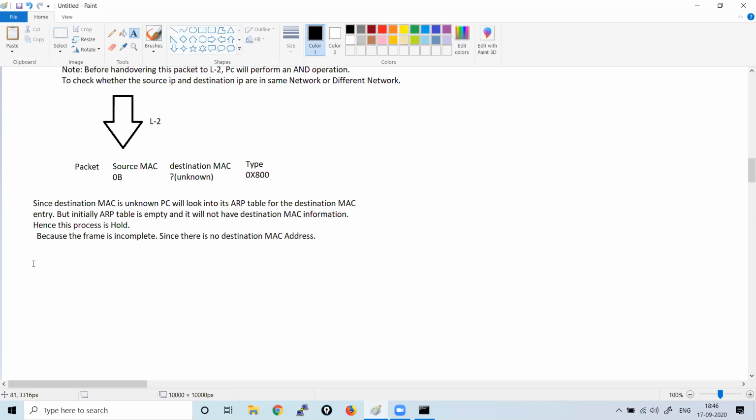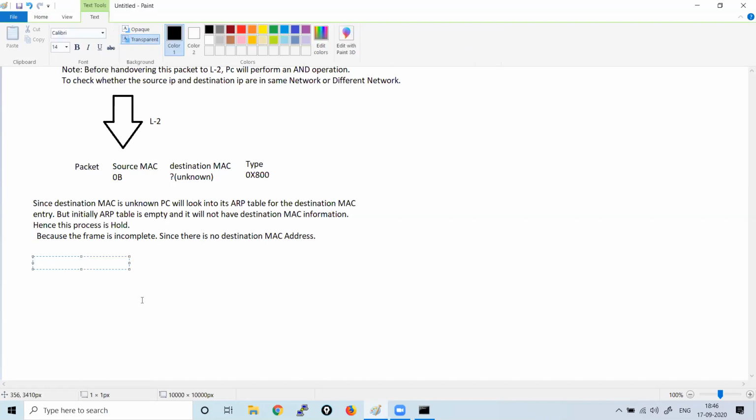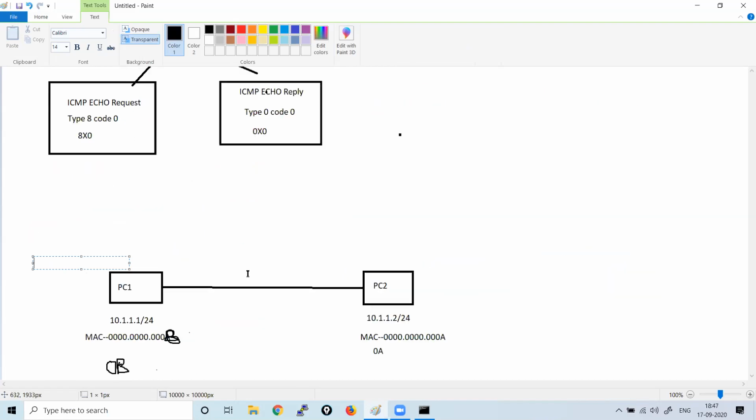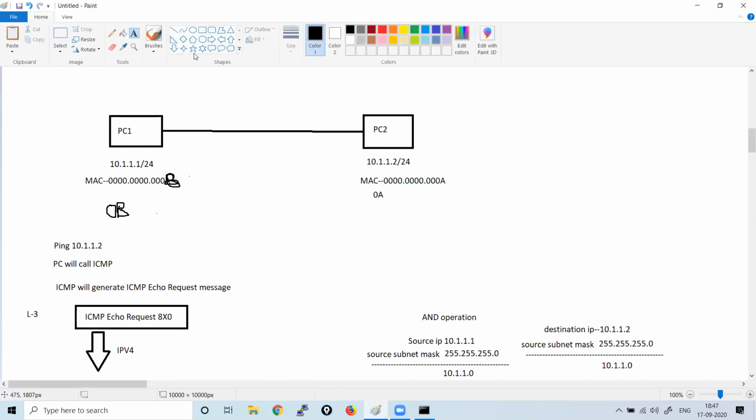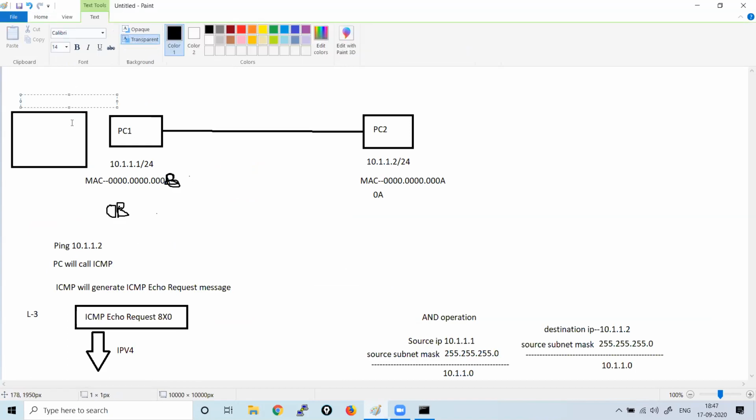Now, what the PC will do is call, firstly, let me highlight the ARP tables. Every device will have an ARP table. I'm considering this as an ARP table. The information in the ARP table is IP with MAC.